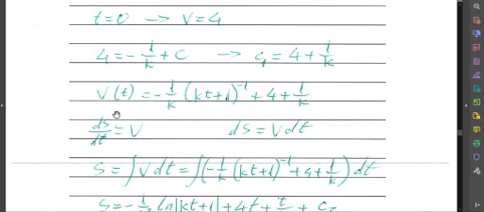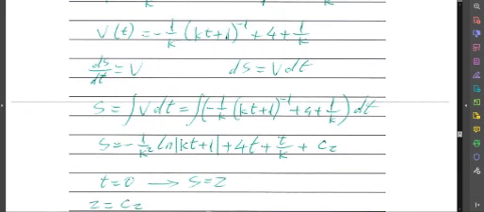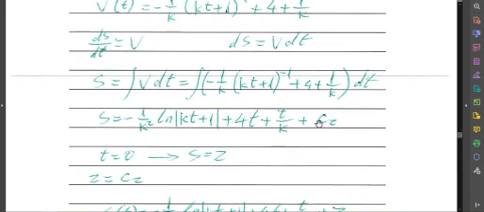And now I know that velocity is ds by dt. I do the same thing. I integrate both sides. I integrate the v, and I'll end up with another constant of integration, which is this one here at t0. So see how all these terms are 0 when s is 2, t is 0.